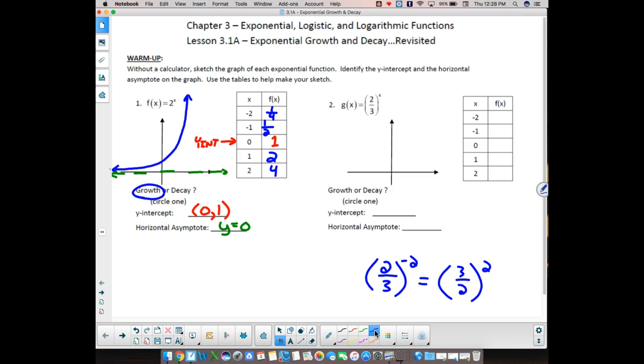Because we don't like negative exponents, we reciprocate the fraction, and that makes the exponent positive. So what is 3/2 squared? 3 squared is? 2 squared is? So 3/2 squared is 9/4.